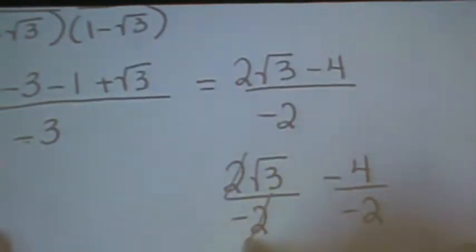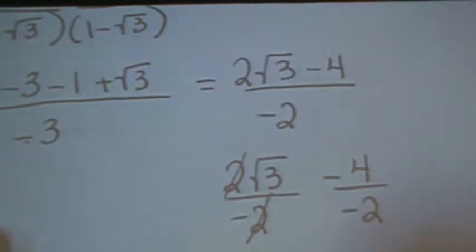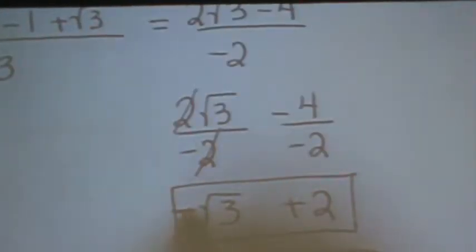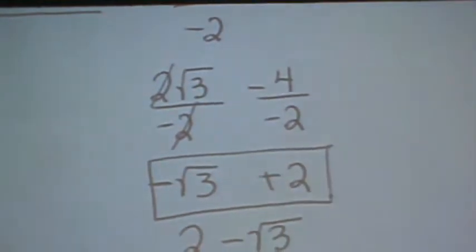So these are going to cancel out, so you have negative root 3, and these two cancel, plus 2. That's your answer. Some people don't like to leave this negative hanging in front, so you'll probably see this answer is 2 minus the square root of 3. But either one of these is fine for that answer.